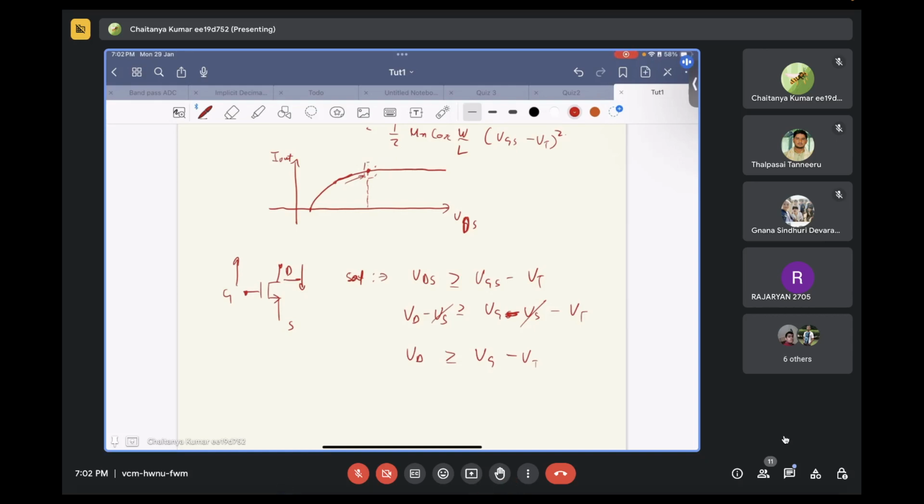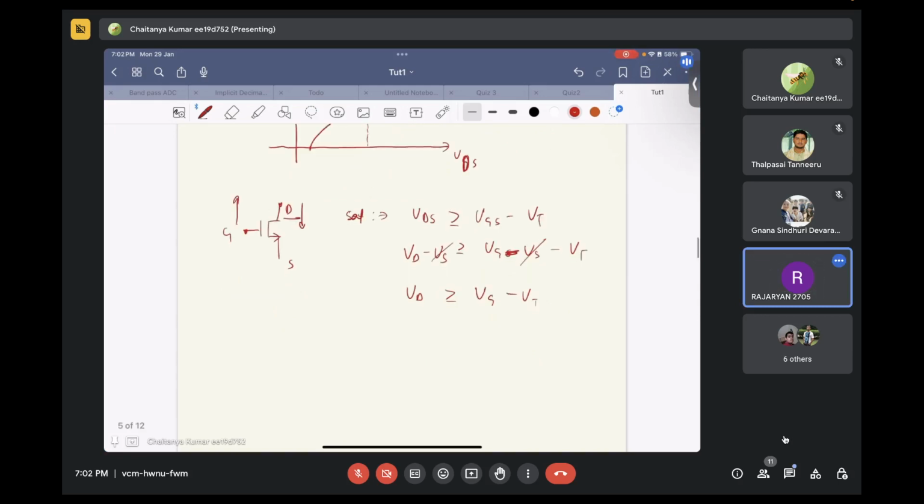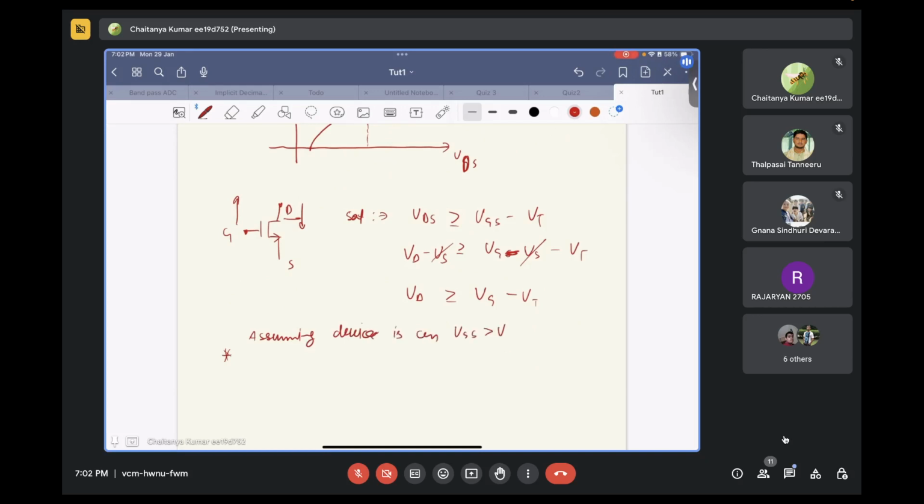Are these two statements clear? Yes. So I'll write it over here. Assuming the device is on, that means VGS is greater than VT.